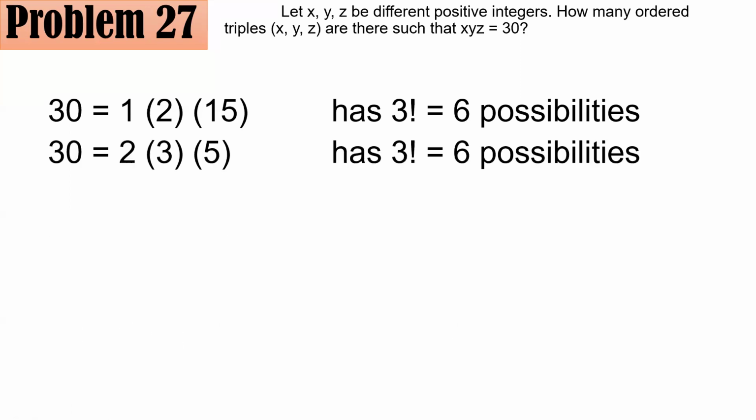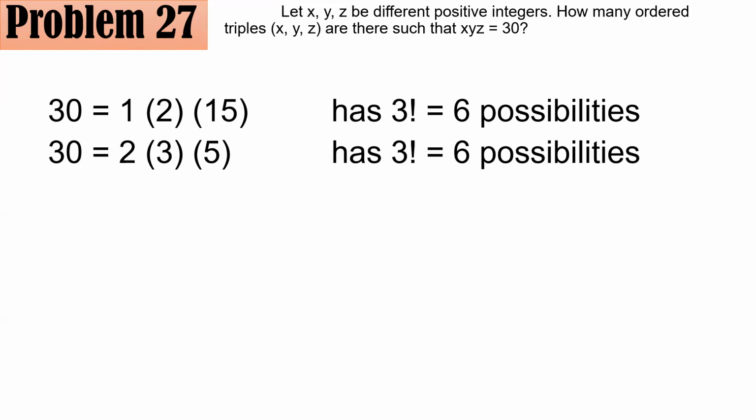In a similar manner, 30 could be expressed as 2, 3, and 5. And since you have three of them that are different, they could be arranged again in another 3 factorial or 6 ways. So you have another 6 ordered triples there. Remember, there are no other three positive whole numbers that when multiplied become 30.